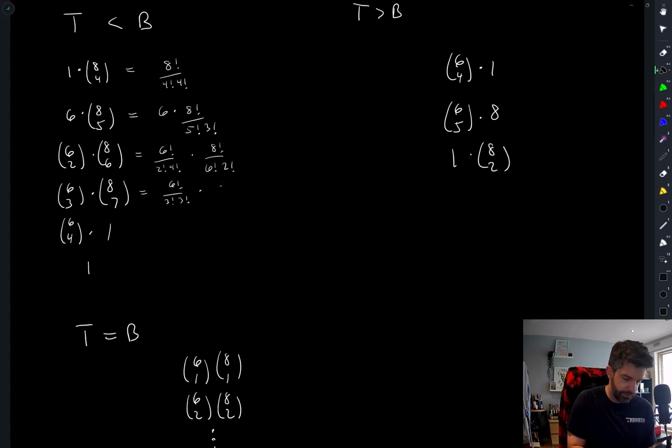Eight choose 7 is 8. 6 choose 4. 6 factorial divided by 4 factorial, 2 factorial.